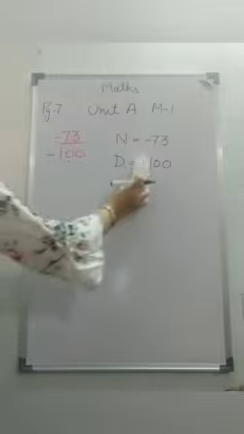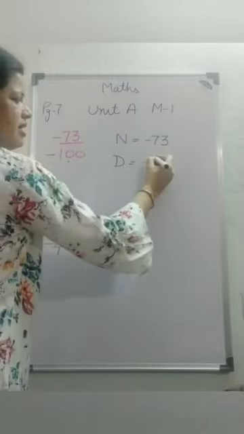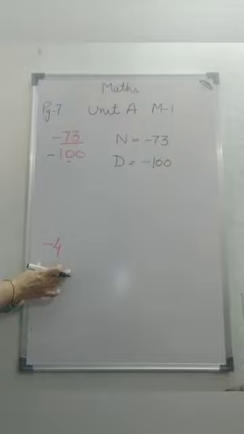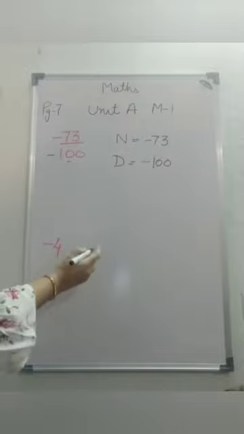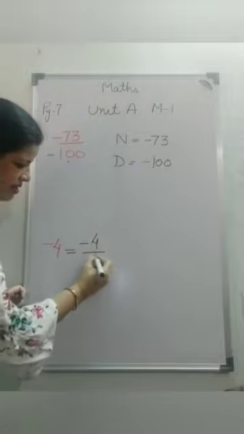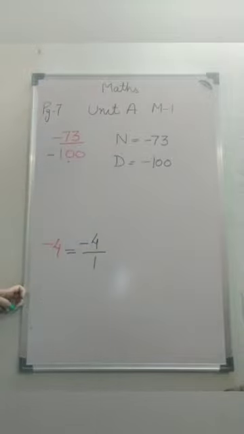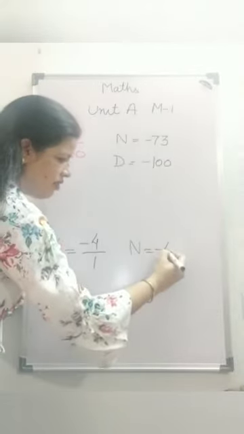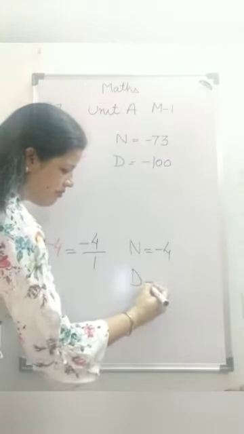The denominator will be -100. Same way, in another example, if we have a question that is -4, here we have to write numerator and denominator both. Then how do we write? We can write 1 in the denominator. So the numerator is -4 and the denominator will be 1.